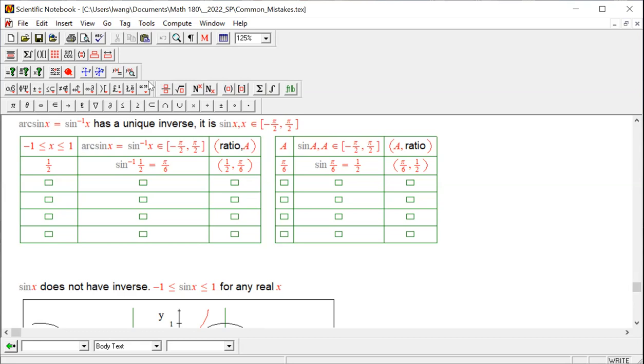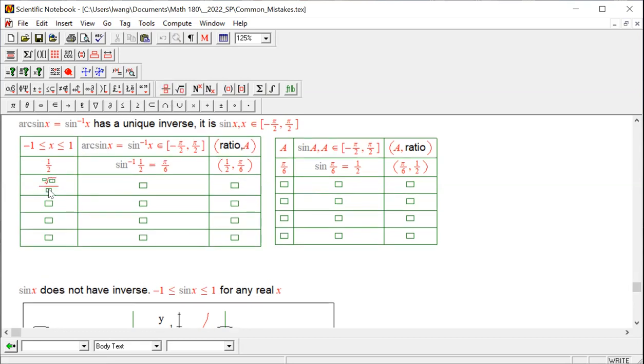Let's do a couple more so that hopefully this will help you refresh. So this is √2/2, and then you have arc sine. I explained in class why. This is pi/4, that's the output.